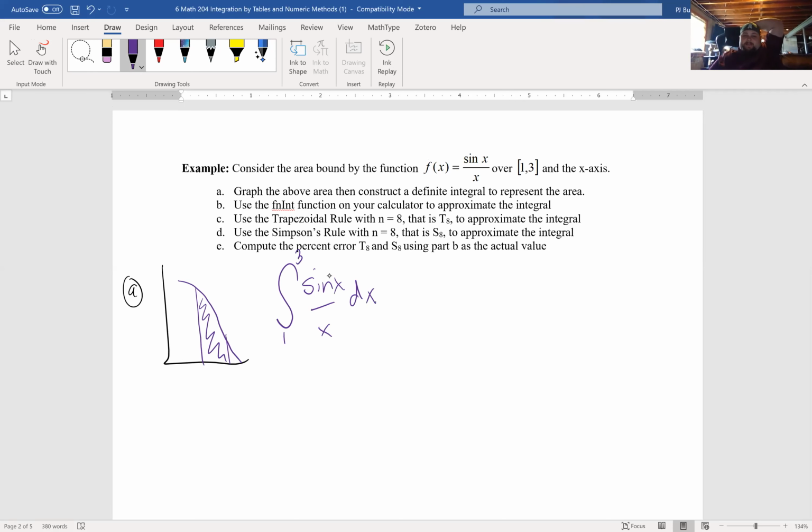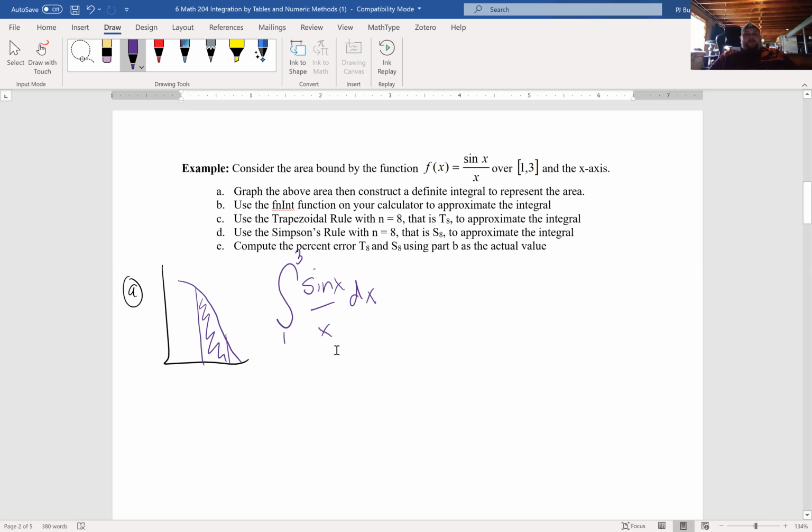So again, let me say this to you. Looking at that integral, what method have we learned so far that would allow you to solve it? I think by parts is probably the only way you could solve this problem.